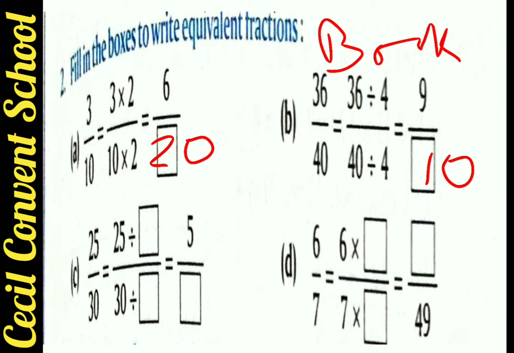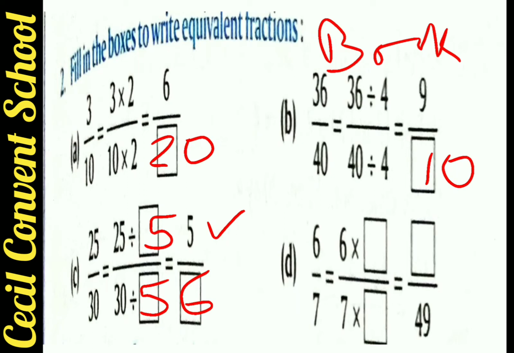It is the table of 5. In the 5 table 25 also comes, and in the 5 table 30 also comes. So we will divide by the same number. So when you divide 25 by 5, the answer comes 5. So 5 is already written in the numerator. So 30 when you divide by 5, the answer comes 6. So in the denominator you write 6.